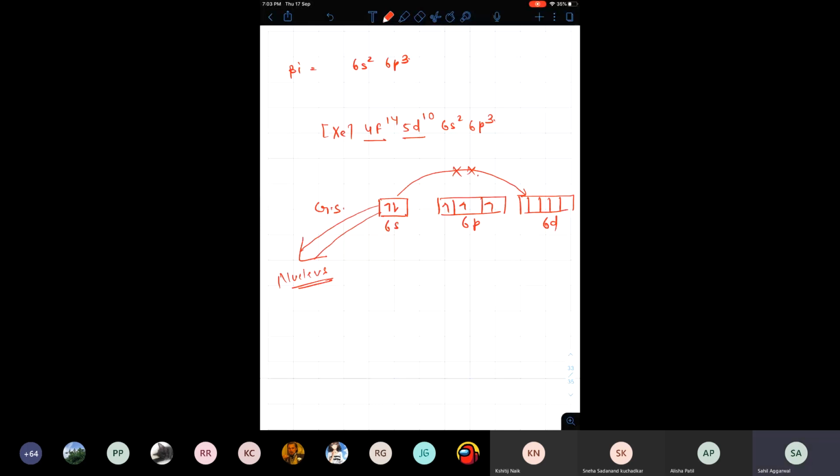Because of poor shielding by D and F subshell, the nuclear charge cannot be shielded and the 6s electron will remain attracted towards the nucleus. If they can't be excited, then bismuth cannot show +5 oxidation state. It is a very important thing.